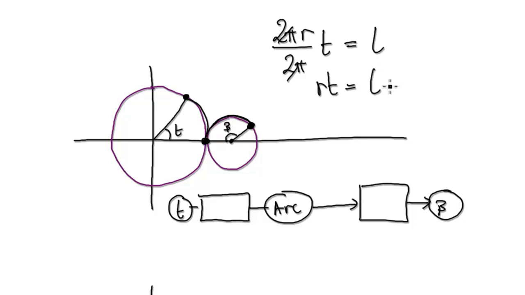This is the arc length, rt. But in our case, our circle is radius a, so this is at in our case.